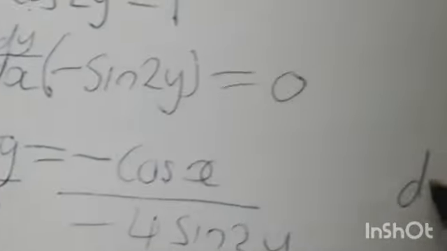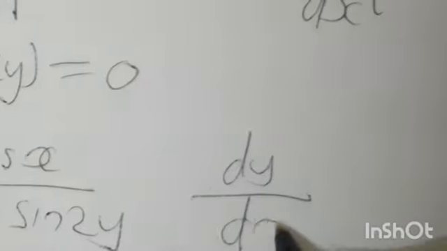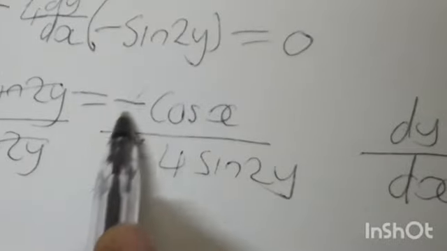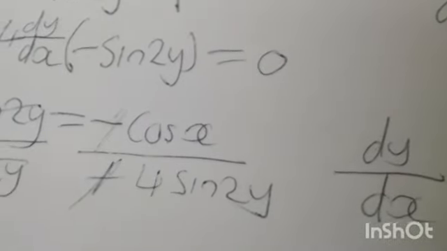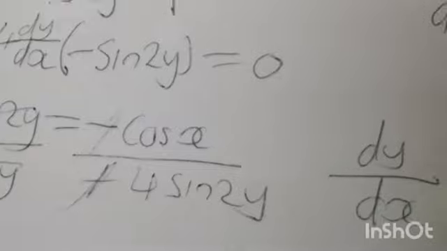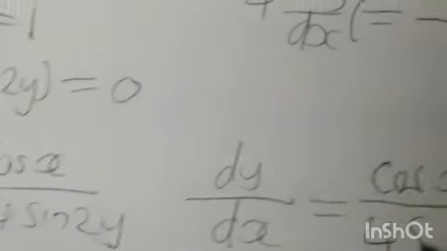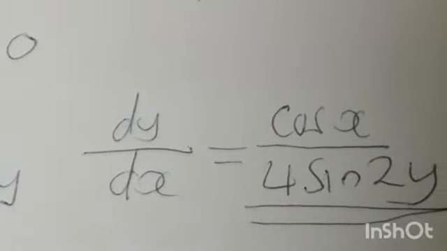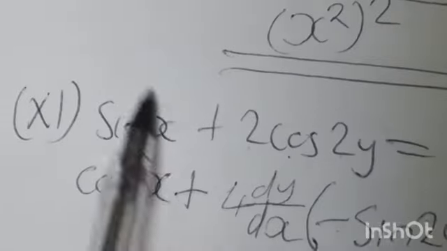So dy over dx is simply equal to, the negative and negative cancel each other out, cos x over 4 sin 2y, as simple as that.